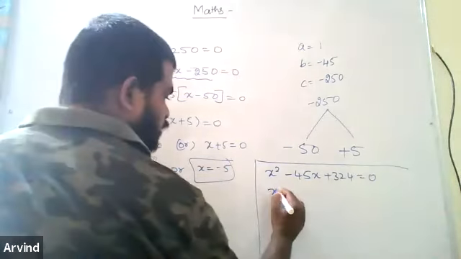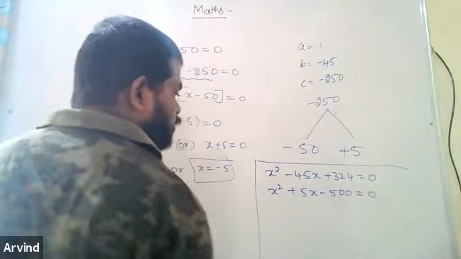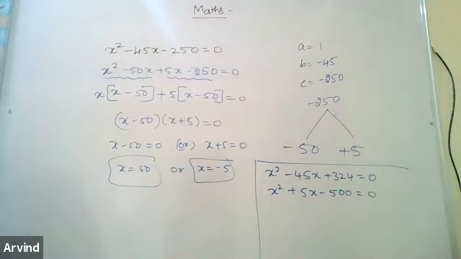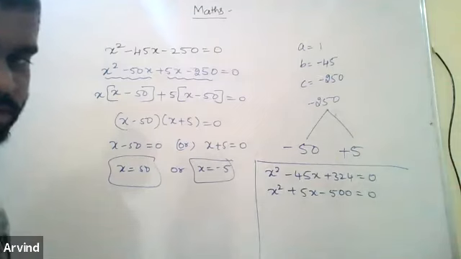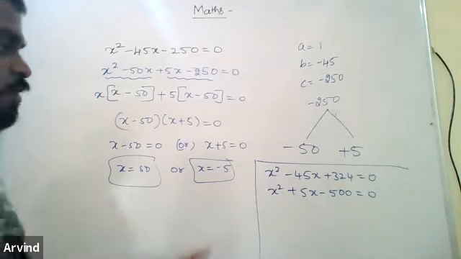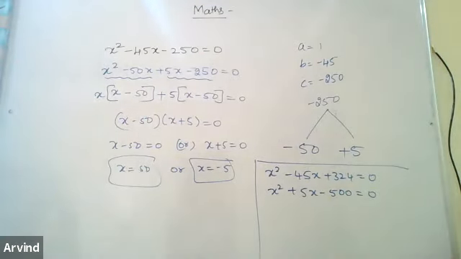Next one, x square plus 5x minus 500 equal to 0. I've given you two problems. Solve both the problems. x square plus 5x minus 500 equal to 0. x square minus 45x plus 324 equal to 0. Write it out. I'll give you 5 minutes time.